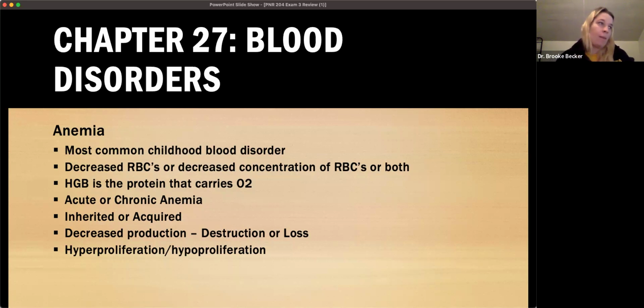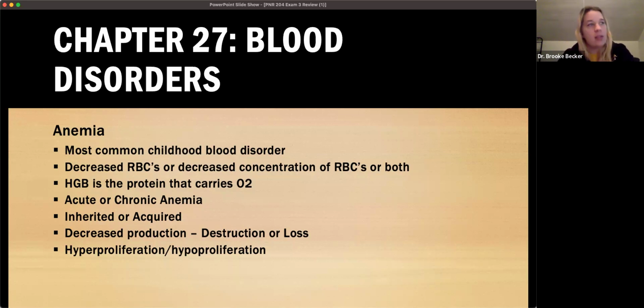It can be acute anemia. It can be a chronic anemia. It can be inherited from parents. It can be something that they acquire, like iron deficiency anemia, from not eating enough iron in their diet. Hyperproliferation means that there's a lot of destruction of the red blood cells.